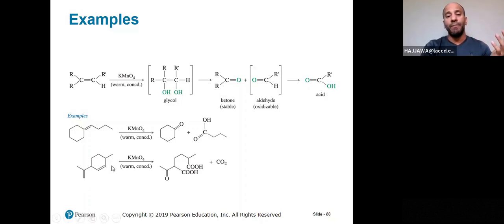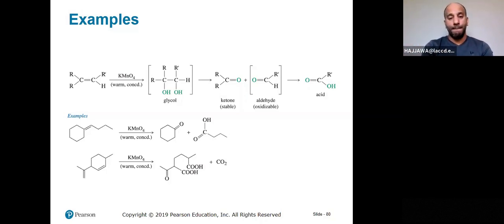Here's another example. You could see here that you have an alkene that's going to break into a single structure rather than two structures. It's going to break this into two parts, C double bond O OH and a C double bond O OH. There is no loss or increase in the number of carbons. So that's important to keep in mind: only oxidation happens, not extension of the carbon chain.